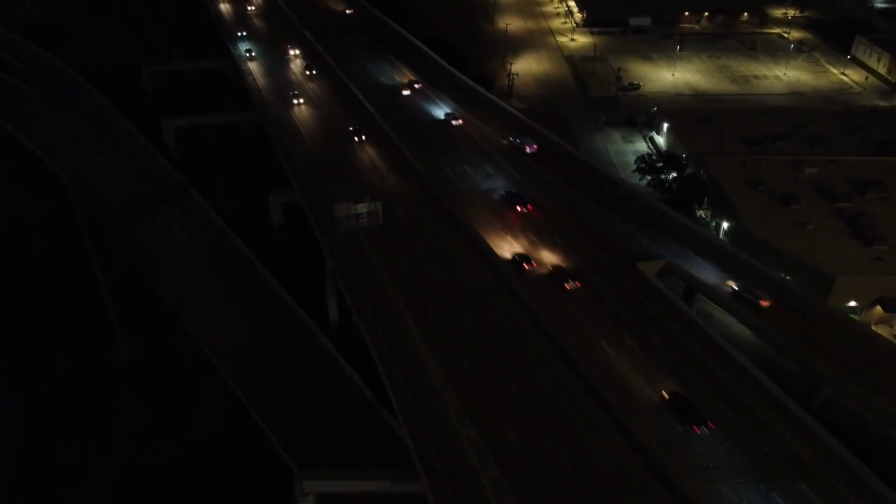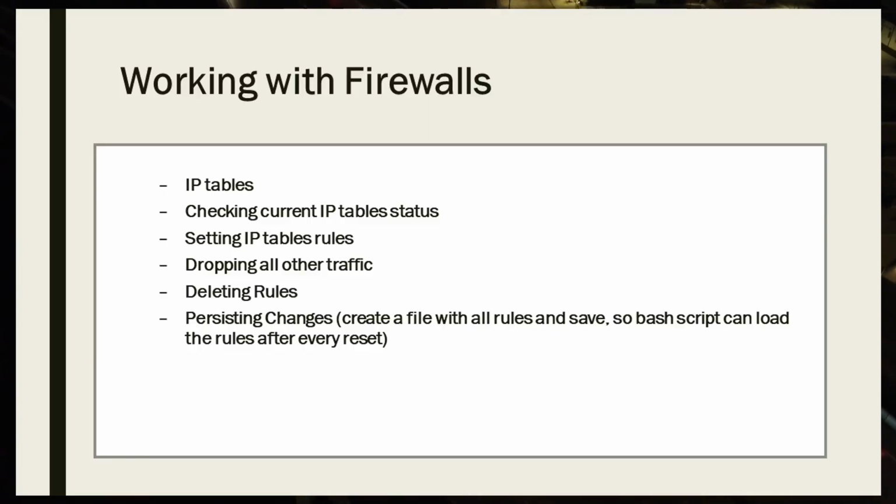But when you're talking about firewalls, what I want to emphasize is that they may work with IP tables. One of the things a firewall does is check the current IP table status. When a firewall is being set up, it checks the IP tables, and sometimes the output of a command. When you set a command in a firewall, you can set an accept policy for all traffic or for certain traffic.